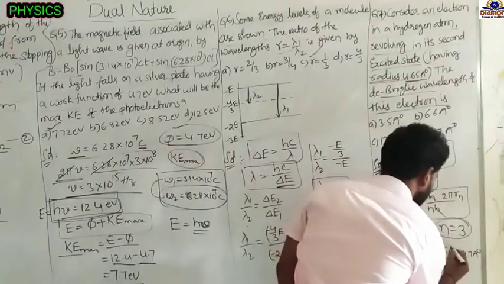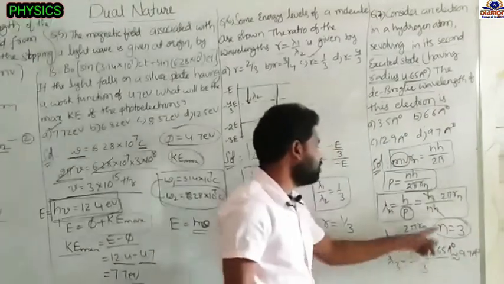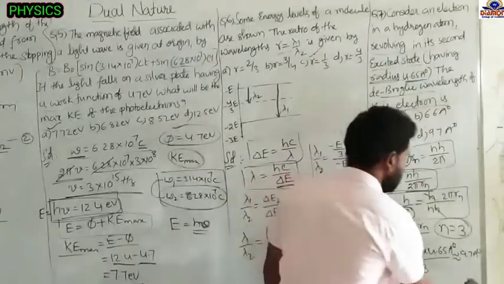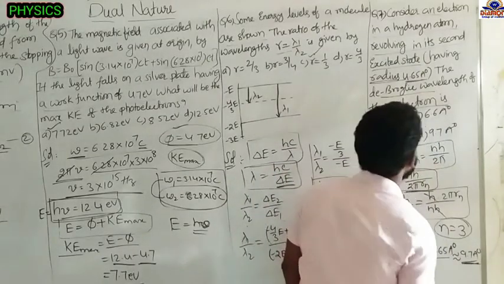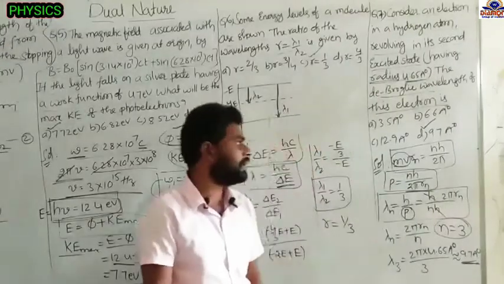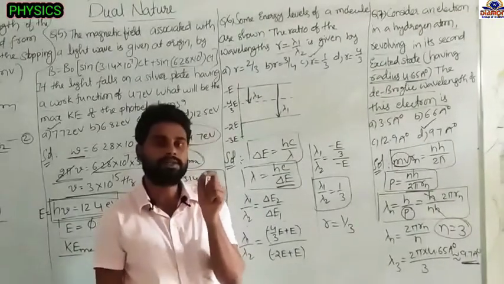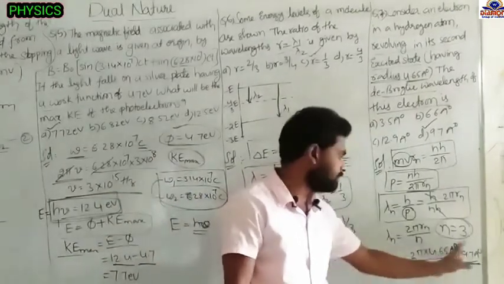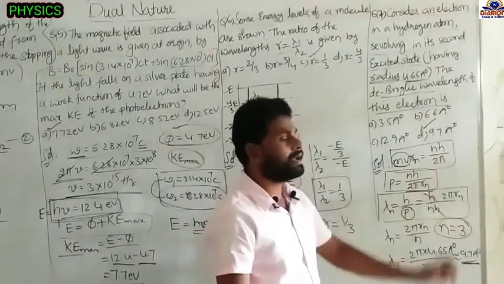I am not changing the unit here, it stays angstrom. Substituting and simplifying, we get approximately 9.7 angstroms. In the dual nature chapter the formulas are simple, but you have to concentrate on the calculations and simplification. The answer is 9.7 angstroms.